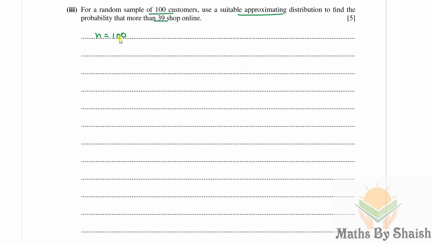in this case the binomial B(n, p) distribution we can approximate by a normal distribution, and for the normal distribution we know we require the mean and variance. We know that p is equal to 0.35.